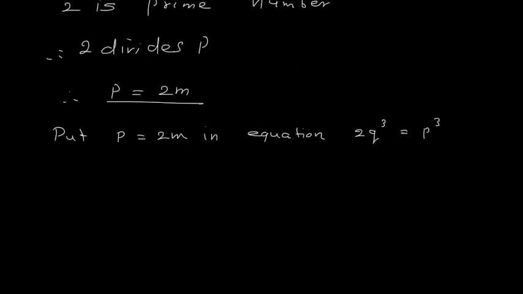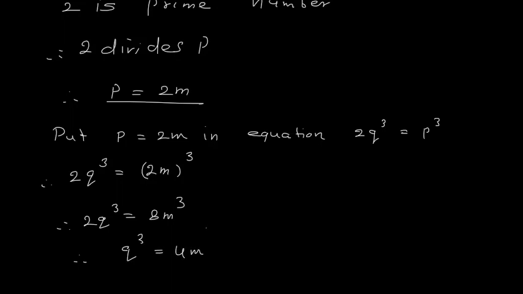So therefore I have 2q cube is equal to 2m the whole cube, therefore 2q cube is equal to 8m cube, therefore q cube is equal to 4m cube.